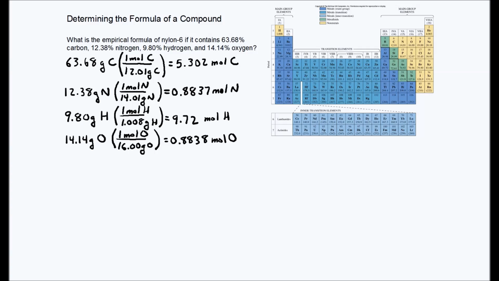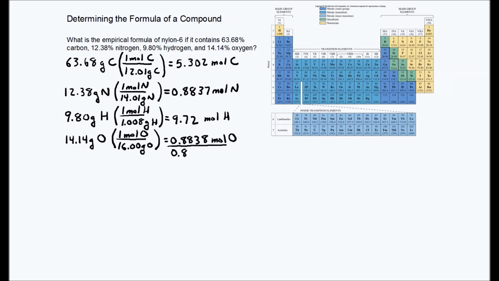Now again, we remember what we're looking for, the least number of moles. And the least number of moles in this case is the nitrogen. 0.8837 is less than all the others. So I divide all of the moles by that. This is effectively getting rid of the fact that we assumed a 100-gram sample. We're sort of dividing that away.